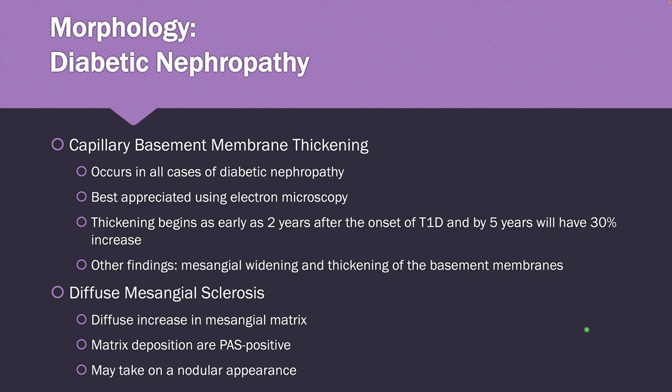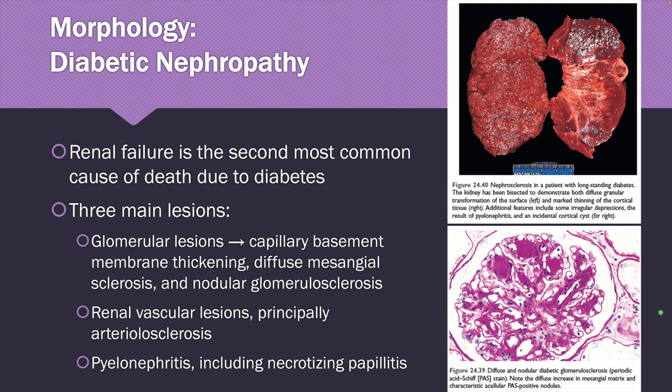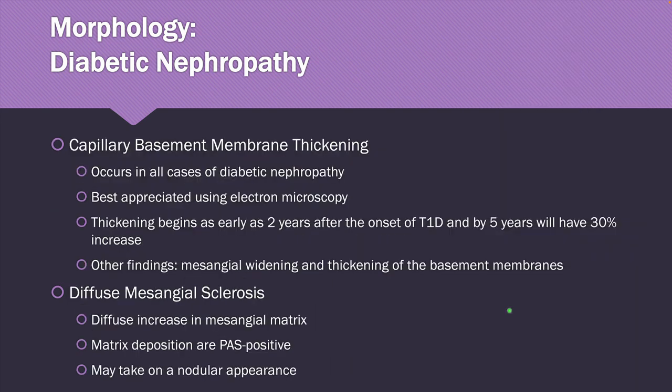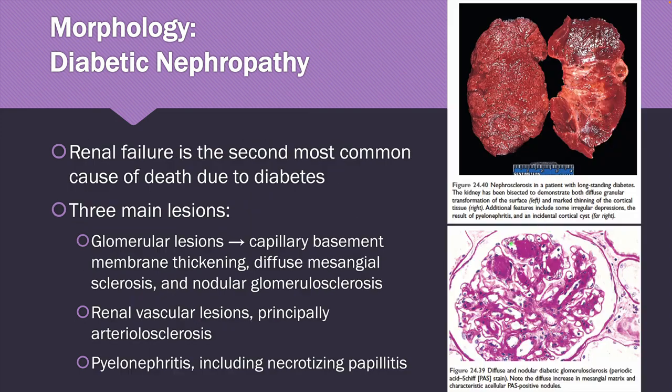You can have diffuse mesangial sclerosis. So, yung mesangium mo, which is the areas in between your capillary loops over here, there may be a diffuse increase in that area as well. And they can be PAS positive, as you can see over here, and will have a nodular appearance. That is your Kimmelstiel-Wilson lesion, as I've mentioned earlier.